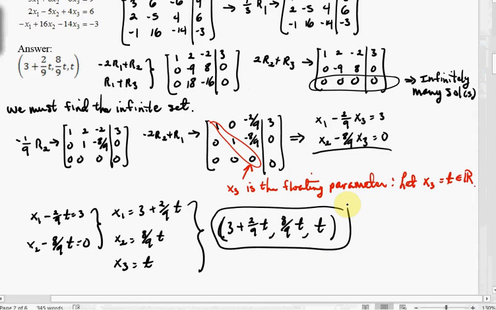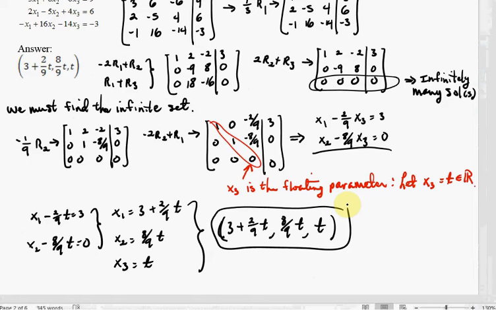So Daniel, thank you for asking the question, because the question was, if I have all zeros in a row, do I stop? No, you want to keep on working. You want to give me the infinite solution set. And that's a good question, because I remember when I was teaching Math 112, I still worked the problem out all the way completely, and there were 2 or 3 people who, on their test, reduced the matrix down.